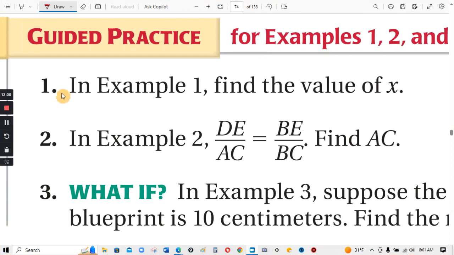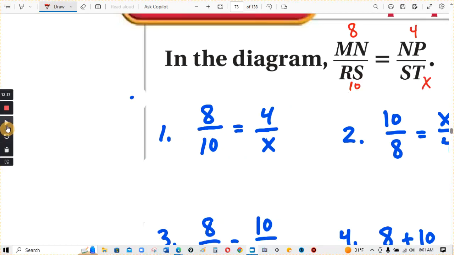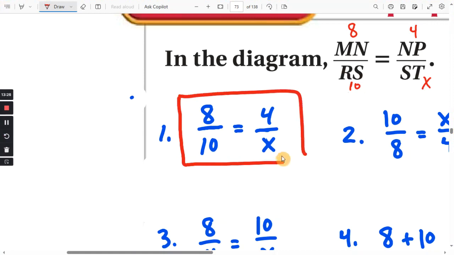All right, guided practice in example 1, find the value of x. So let's take a look at example 1. Here's example 1, and I think this one right here is the simplest version. So just see if you can do it in your head.